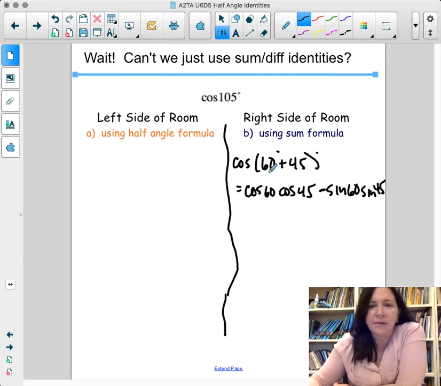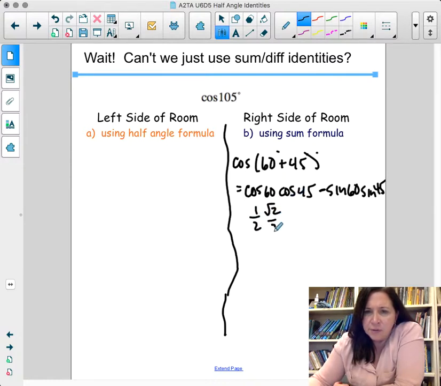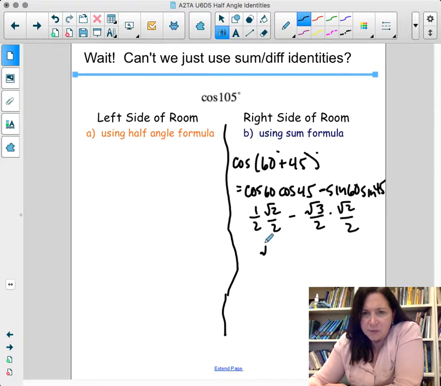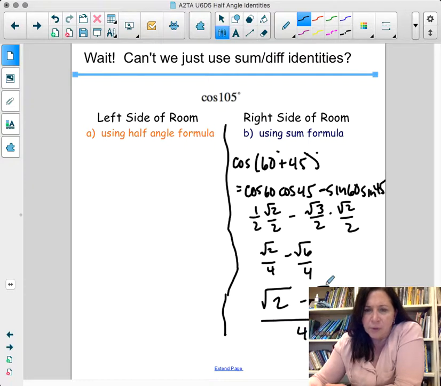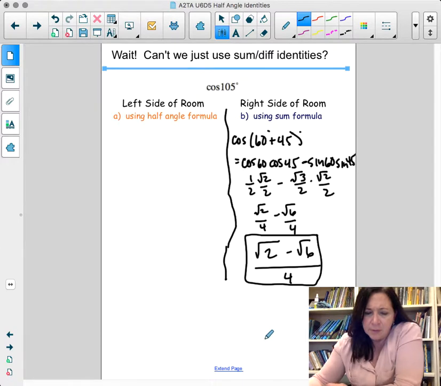So cosine of 60 degrees is 1/2, and this is root 2 over 2, minus sine of 60, which is root 3 over 2, times root 2 over 2. So this makes root 2 over 4 minus root 6 over 4, which makes root 2 minus root 6 all over 4. So that's my answer for this problem.